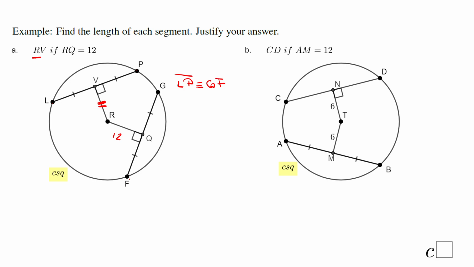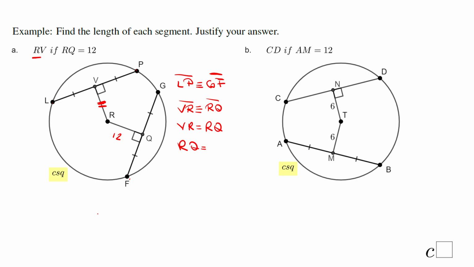If the chords are congruent, that means they are equidistant from the center. So that means simply VR is congruent with RQ, which means VR is equal to RQ.